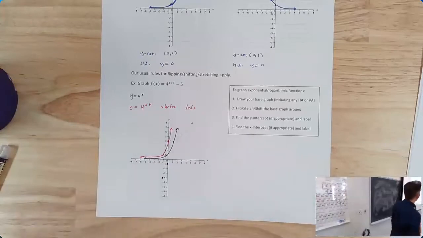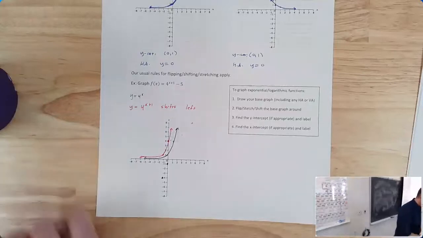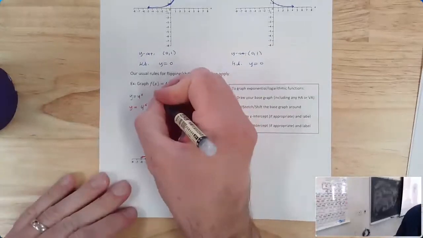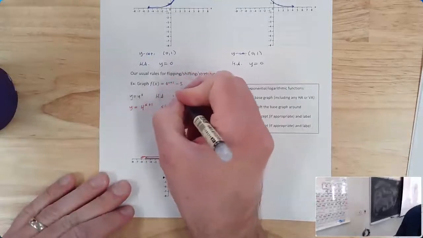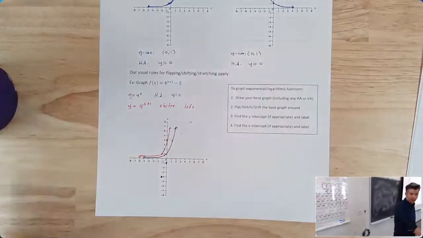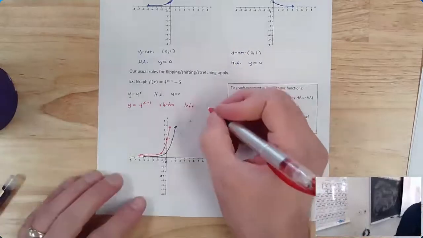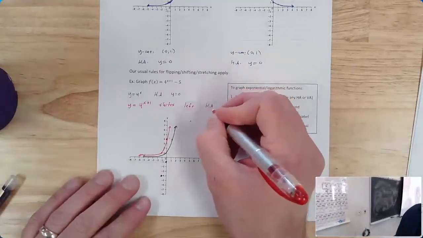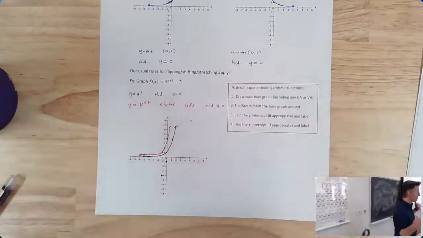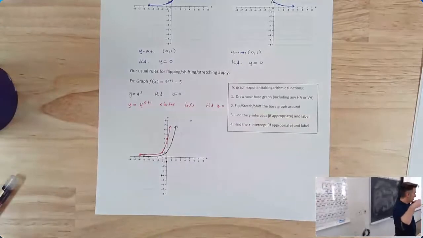Now, the real important question here is, what's my new horizontal asymptote? For the black graph, the horizontal asymptote was y equals 0. And for the red graph, when we shifted 1 to the left, the horizontal asymptote was still y equals 0, because shifting 1 to the left doesn't change the fact that it's going to get closer and closer to 0.